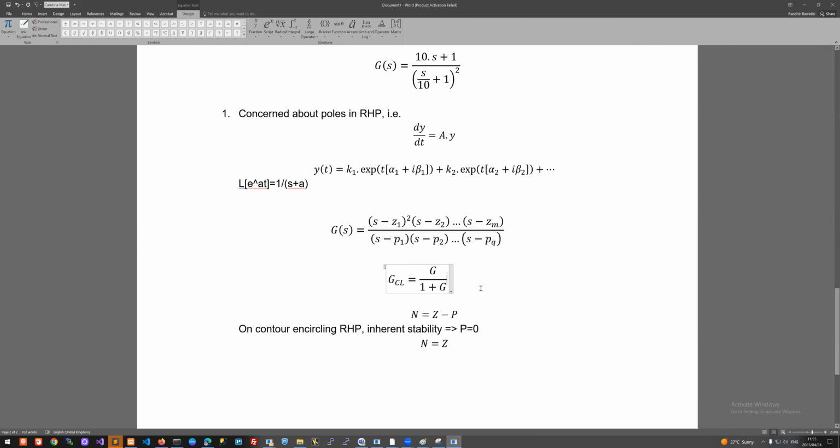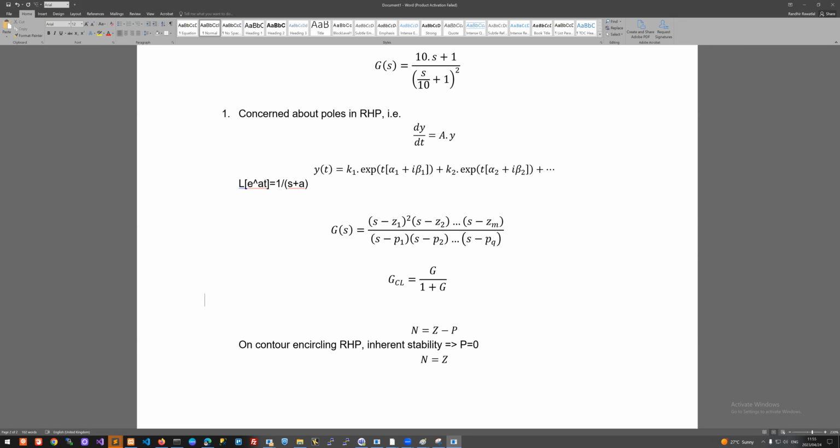So we need this piece as well. We said here, G itself doesn't have any poles in the right-hand plane. But the other thing we are interested in is the poles of the closed loop transfer function. Those poles come from 1 plus G equals 0.